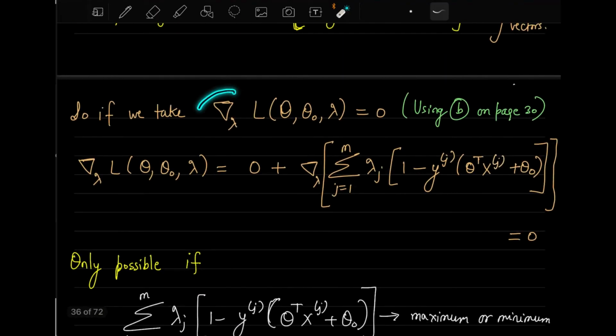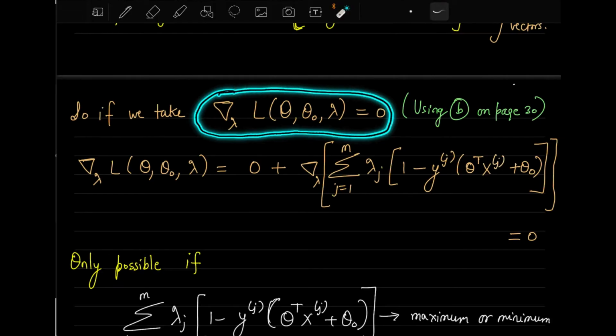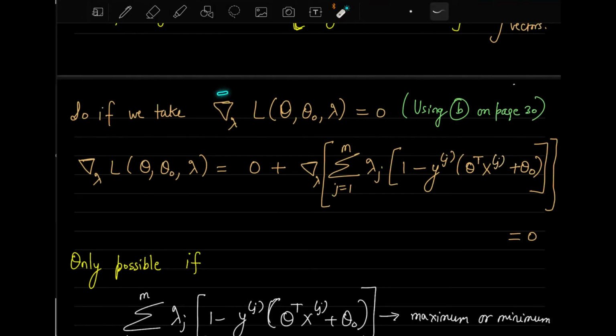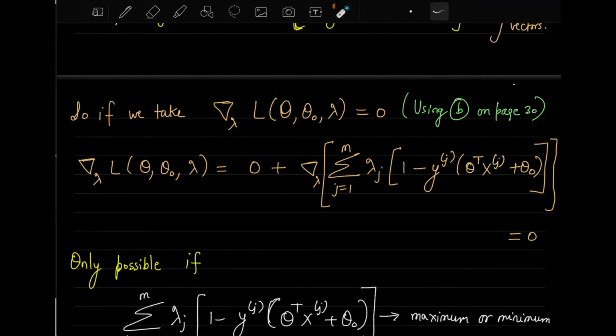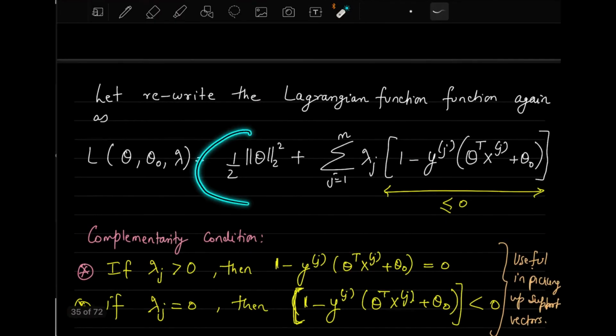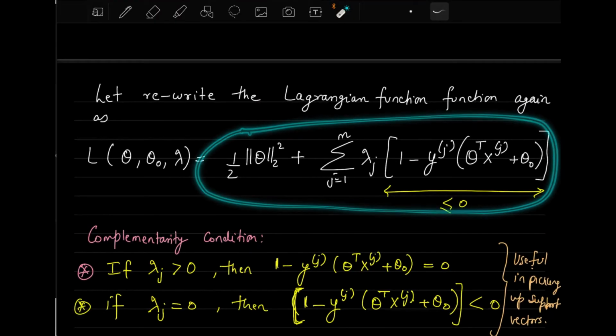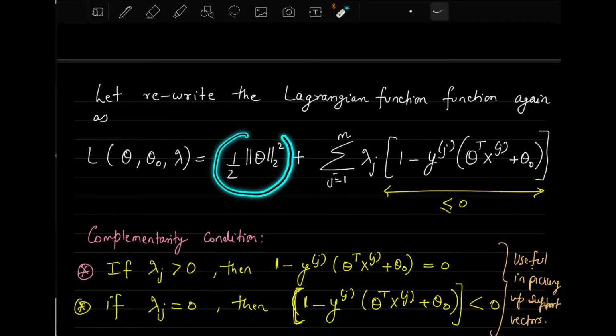So now the first step is to calculate the derivative with respect to lambda. So you are calculating this, and once you get the value of lambda, we will put this into the first equation that will give you the value of theta and theta 0. So let's do this first. As you can see, when you take the derivative with respect to lambda of this Lagrangian function, one thing is observed, that this particular expression is independent of lambda.